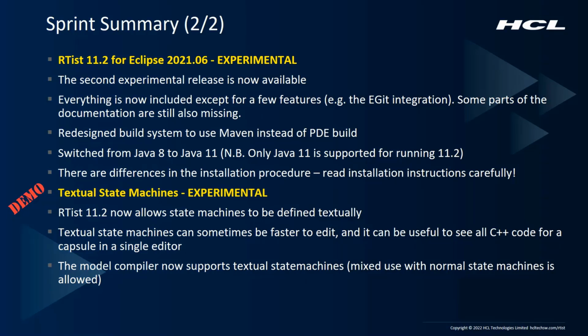Then I'm happy to announce that we will now include the first version of our textual state machine support. This feature was demoed a couple of sprints ago, more like an early preview to get some feedback. But now it's actually available in HCL RTist, so when you're installing, you can mark a checkbox to get the support for textual state machines, and you can test it. It's still experimental because we know about some limitations and issues that we will eventually fix.